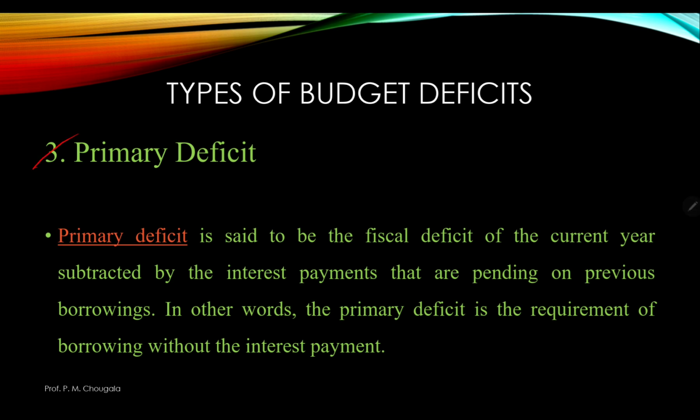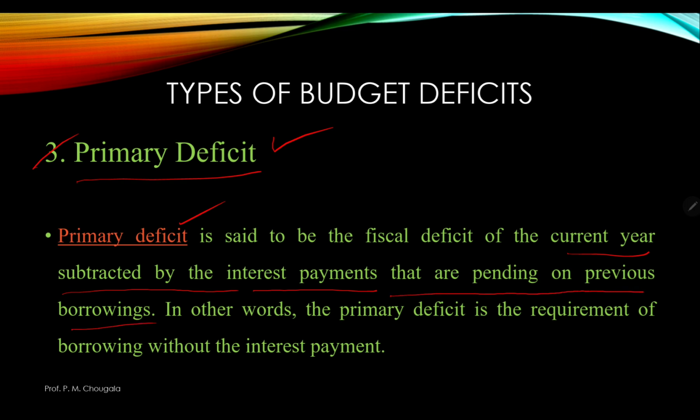And here the third one is primary deficit. So what is this primary deficit? Primary deficit is said to be the fiscal deficit of the current year, subtracted by the interest payments that are pending on previous borrowings.